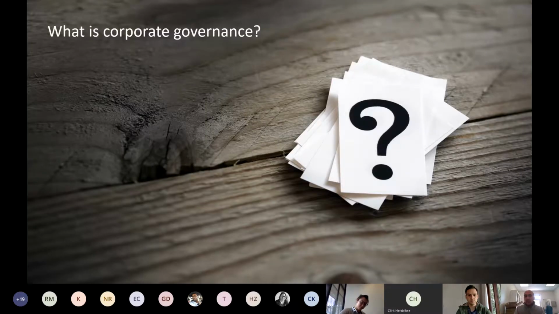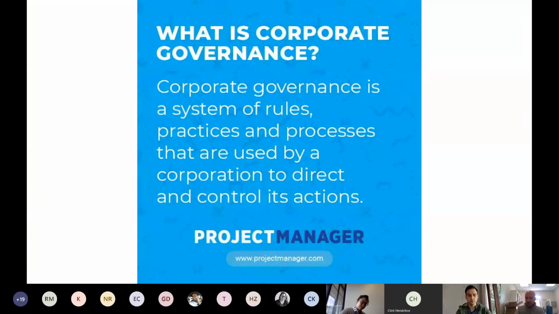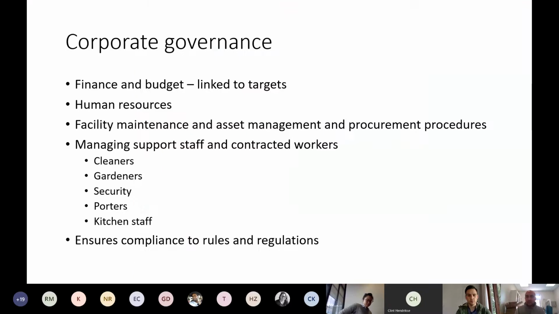On the other hand, you get corporate governance, which is a little bit different. This is the most basic, most simple definition I could find. I don't want you to remember it, but basically clinical governance is about the patient. Corporate governance is about the facility. If we can understand that: clinical governance is ensuring quality patient care, safe patient care, etc. Corporate is more about the facility, the processes and all those things.